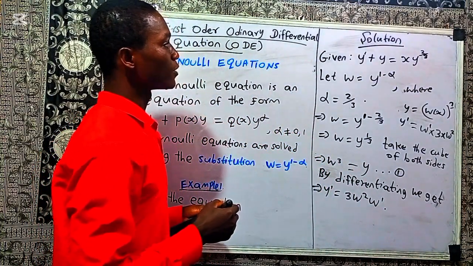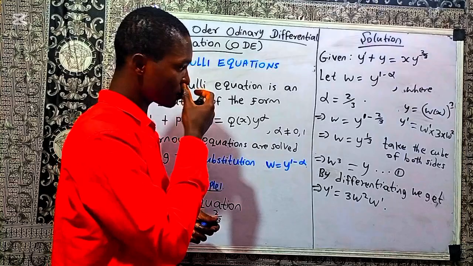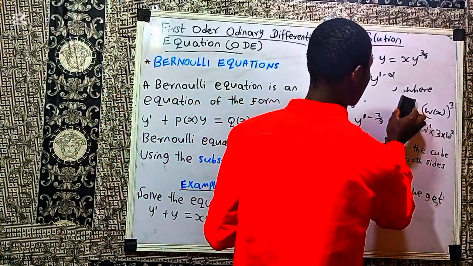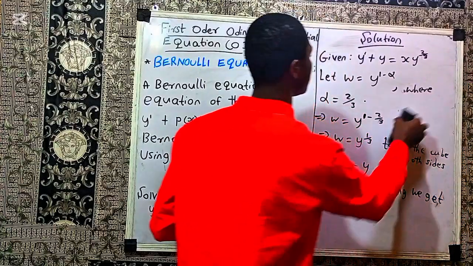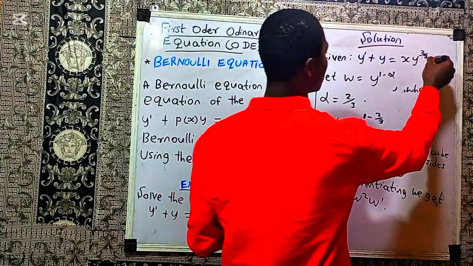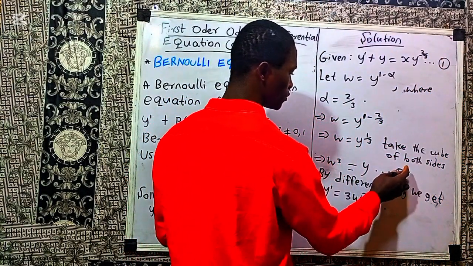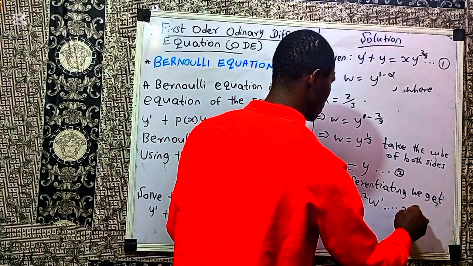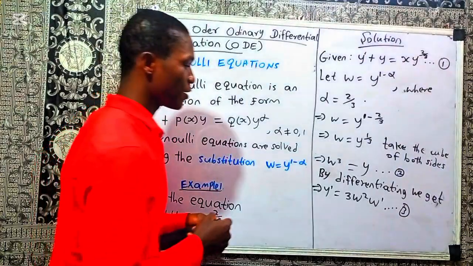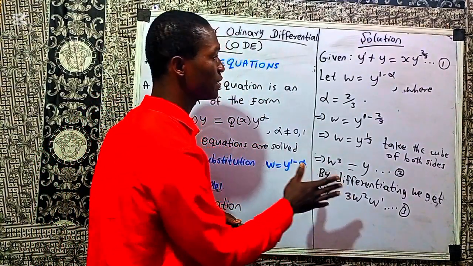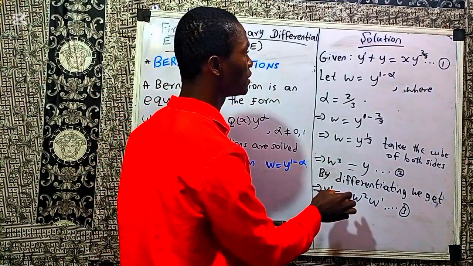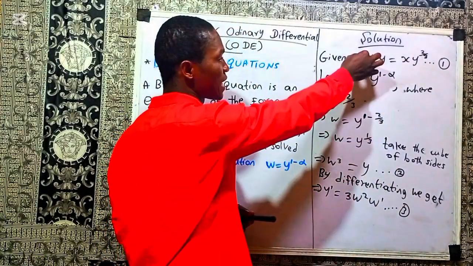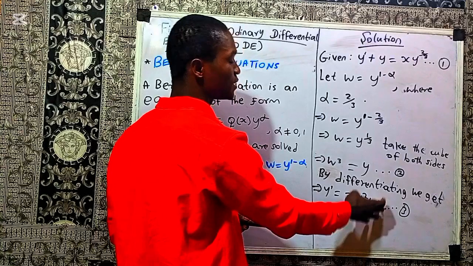So I will now go to my equation and substitute. Let's rename some things: I use equation 1 here, then equation 2 here, and this last one I'll use equation 3. Then I've gotten the respective things I needed, because I've gotten y prime in terms of w, so that I can remove y prime and replace it with this.